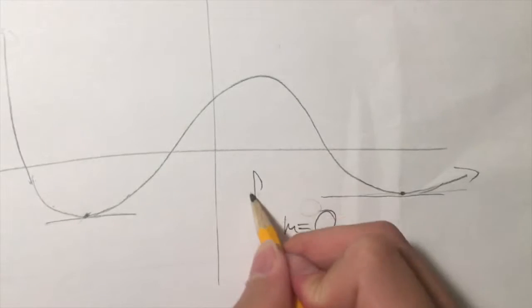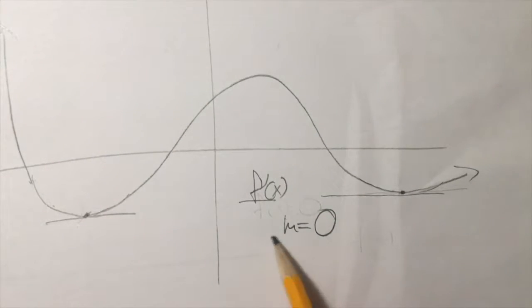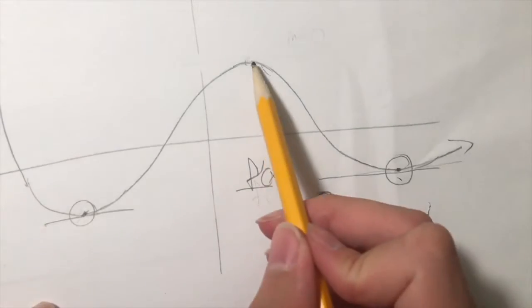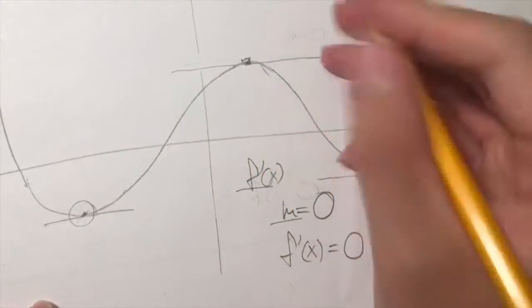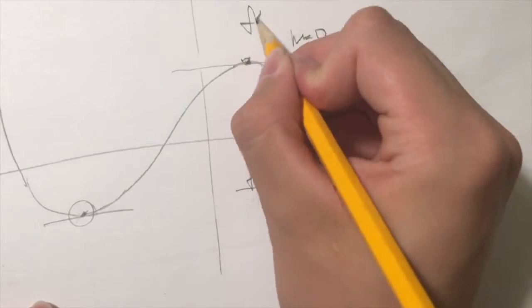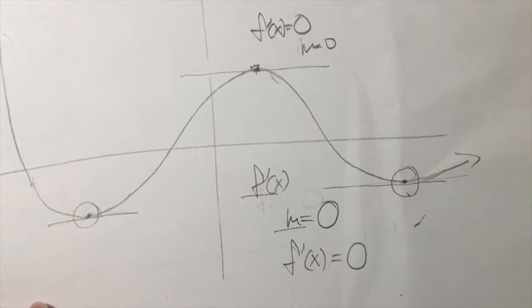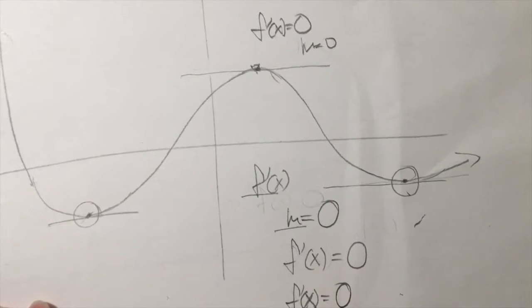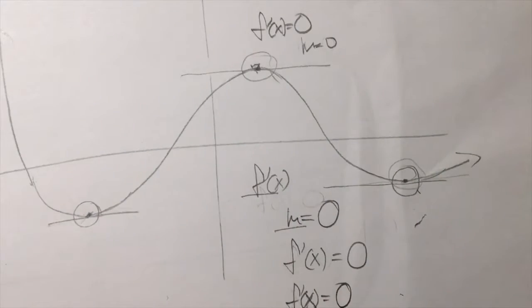We also know about the derivative of a function, which is basically just the slope. The same applies for the maximums. The tangent line at these points also has a slope of 0, which means the derivative at these points is also equal to 0. And thus we can conclude that at any point x where the derivative of the function equals 0, there is either a local maximum or a local minimum.